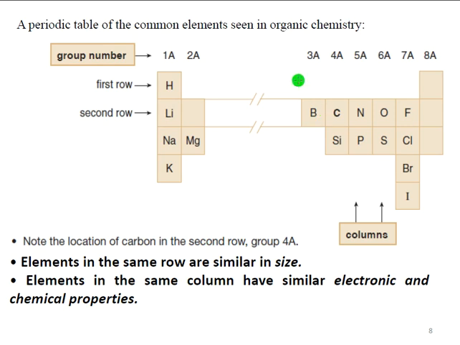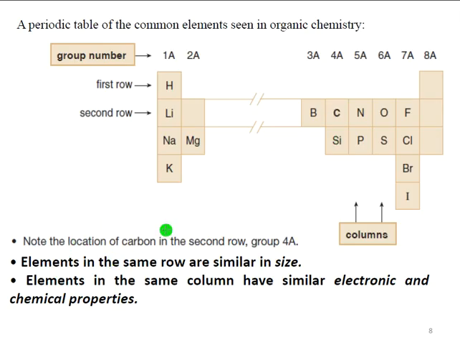We have the first row, second row, third, fourth, and we have the first group, second group, third group, 4, 5, 6, like that. Look at carbon here: the position of carbon is in the second row and fourth group, number 4.